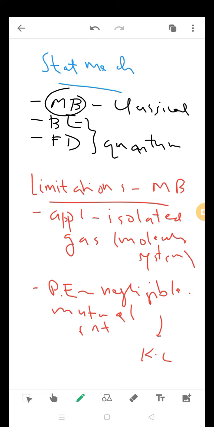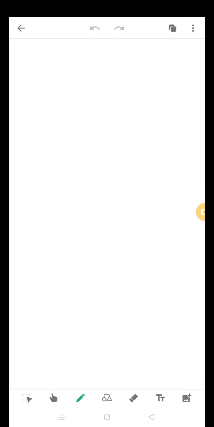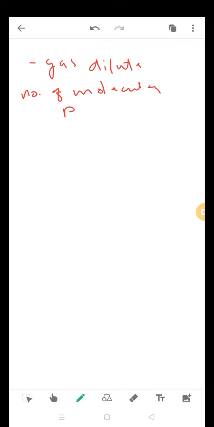This is one limitation, and other limitations are that the gas is basically a dilute system, and the number of molecules per unit volume is very small.